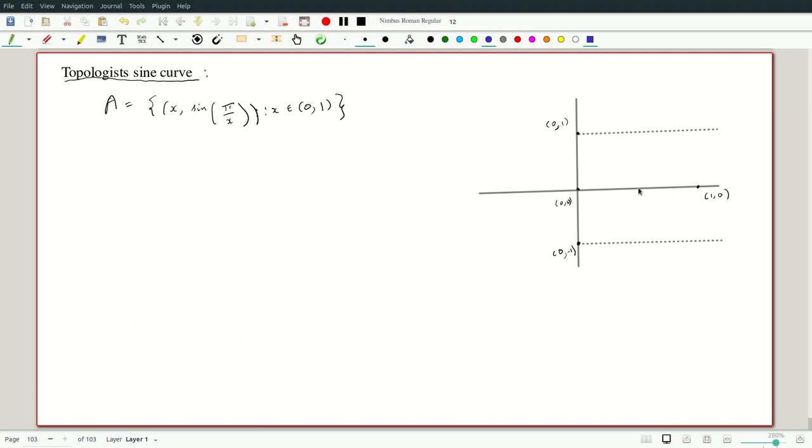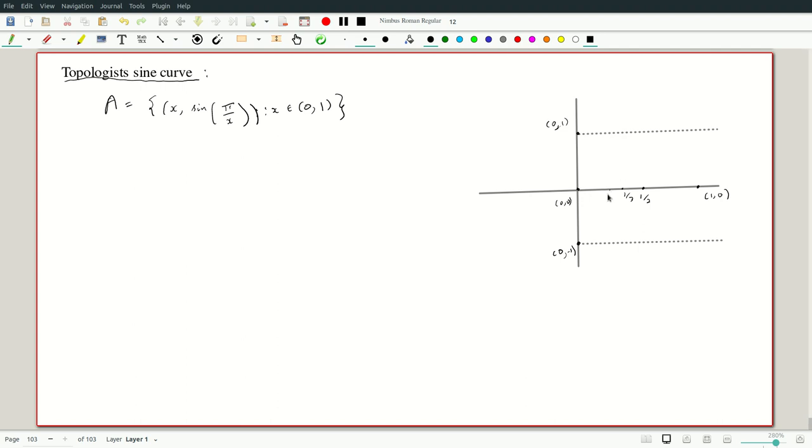If I mark a few points on the axis, so here is pi. Pi over 2 is going to correspond to, when x is half, this becomes 2 pi. And then when x is 1/3, this becomes 3 pi. So 1/3 is somewhere here.